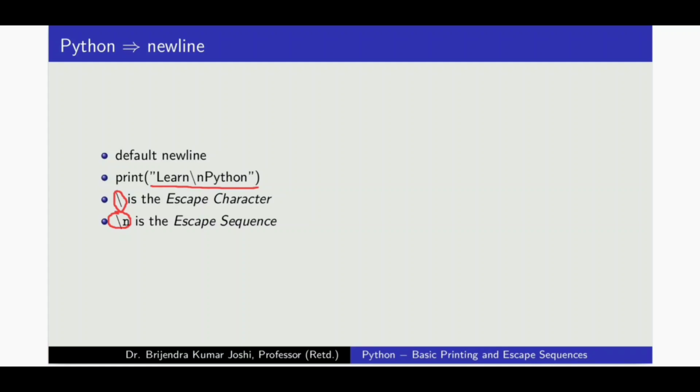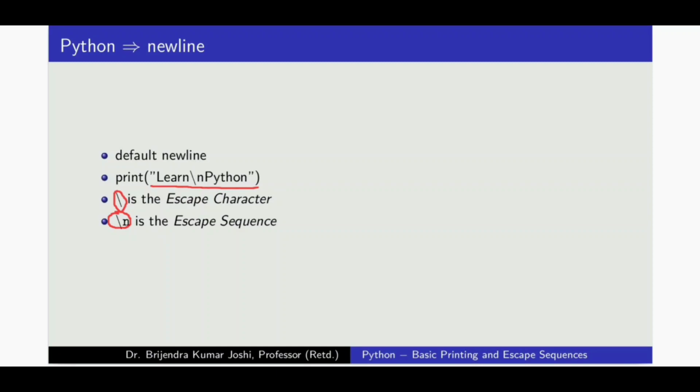Now the meaning of this is, if you have a backslash, the character immediately next to backslash has a special meaning. So it will not print n, it will do something else. Now backslash n is referred to as new line character.